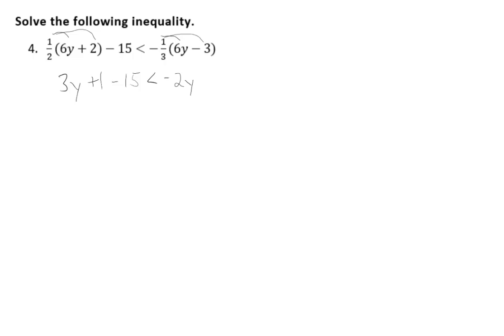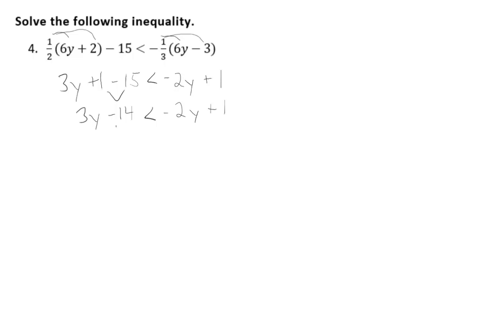Negative times negative is positive. 1/3 of 3 is 1. So we had fractions, but after we multiplied, no more fractions. Combine like terms, and we get 3y minus 14. Bring down your sign. Negative 2y plus 1.